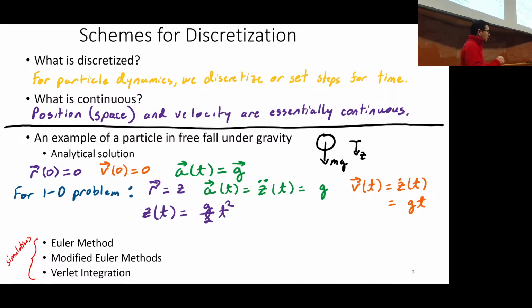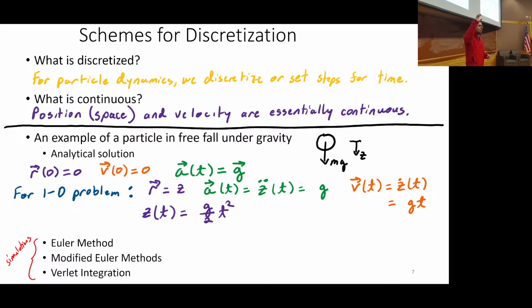Not particularly interesting from a simulation perspective, okay? But if I know where I start, or I know how far I've traveled, maybe better said in this case, because we're starting at 0, right? If I know the distance I've traveled, I can figure out how long it takes, right?